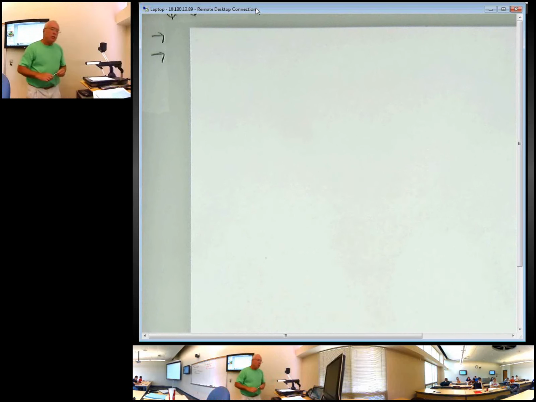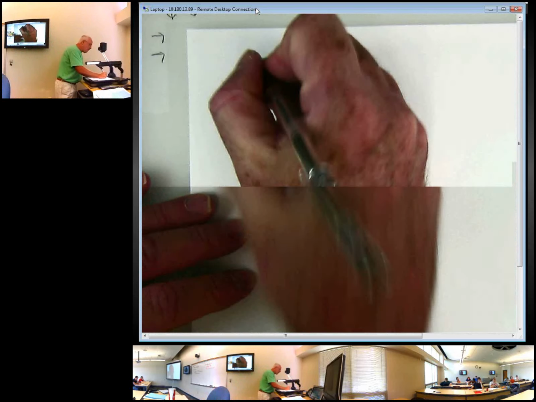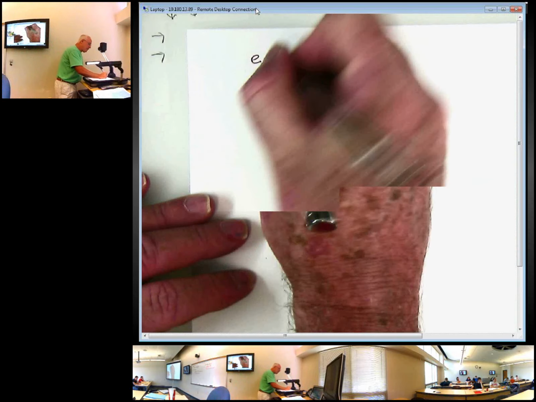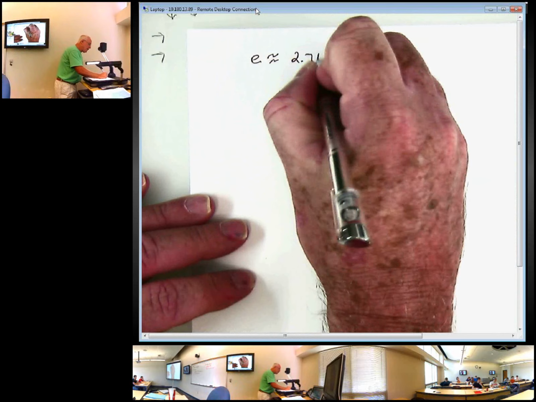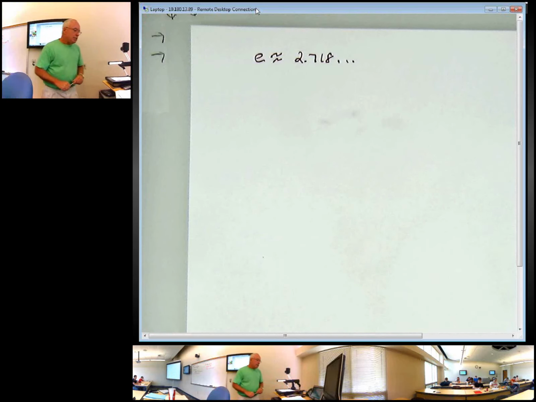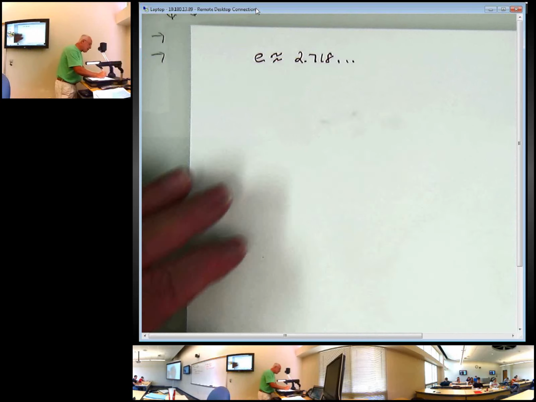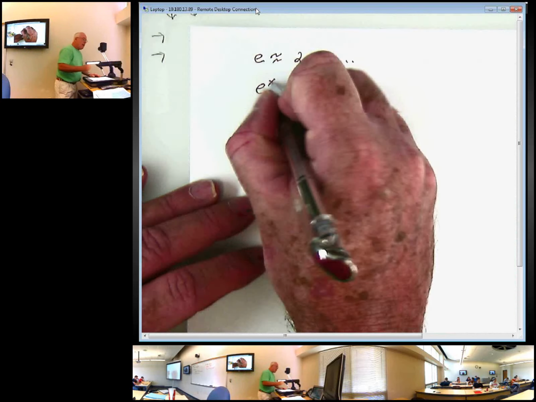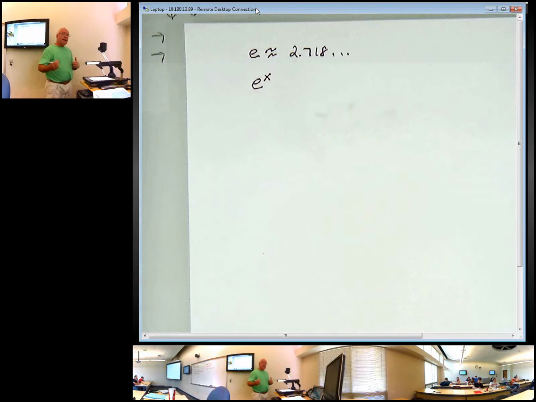kind of review a little something first of all here. We're talking about this natural log number e, and it's approximately equal to 2.718. Of course, it goes off to infinity. And we looked at the graph of e to the x, and we saw that as x goes to infinity, the graph goes to positive infinity.